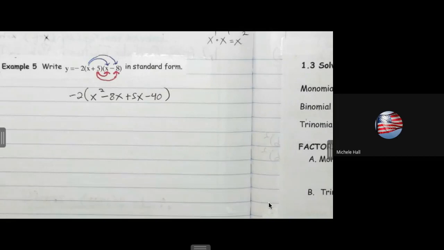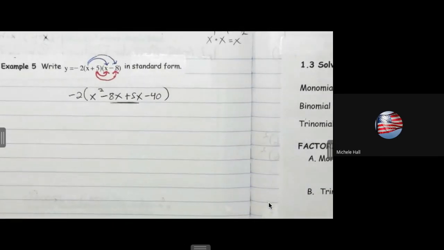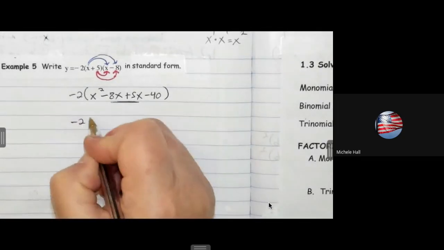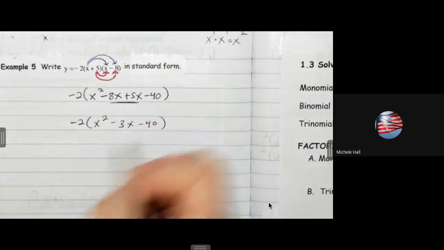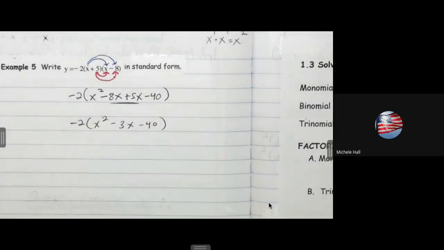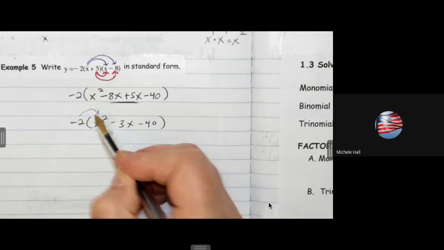Before I multiply by that -2, I could simplify. You have 2 terms on the inside here that are like terms. -8x and positive 5x is going to be -3x. And now I'm ready to distribute one more time. How many times am I going to multiply the -2? 3 times.